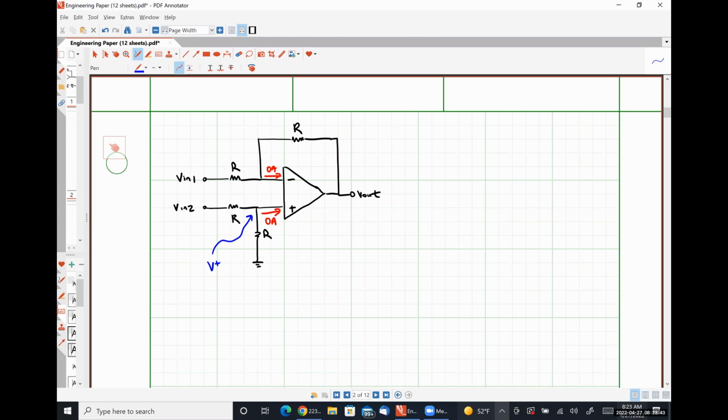Absolutely correct. Okay. So I have a simple voltage divider circuit attached to my non-inverting input node. So my voltage V minus, or the voltage present at the inverting input terminal, must also be 1/2 VN2.